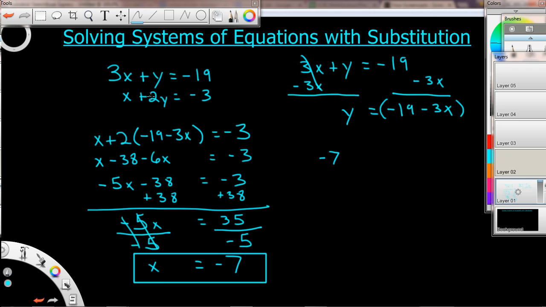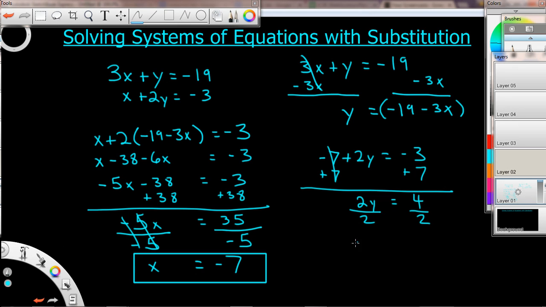Negative 7, that's me plugging in for this x, plus 2y is equal to negative 3. Add 7 to both sides. That cancels this out. 2y is equal to 4. Divide by 2. y is equal to 2.